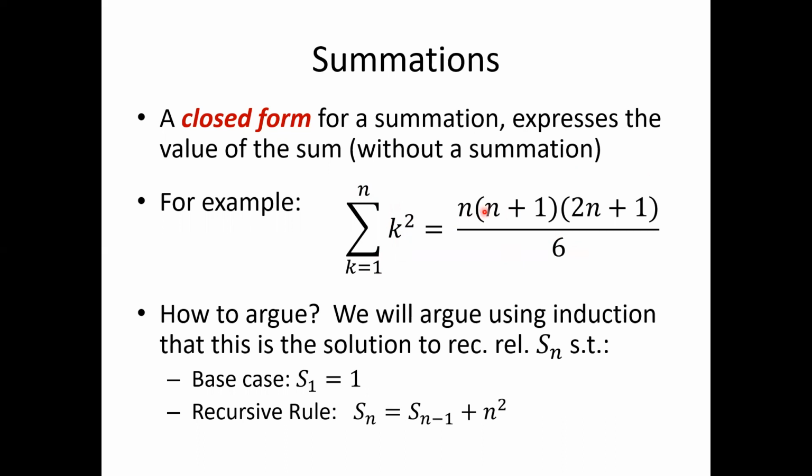It's a third degree polynomial in n. So it grows like n cubed. So the sum of the first n squares roughly grows like n cubed. But it has some other terms, right? So the highest term here is n times 2n squared, which is 2n cubed, divided by 6. So it's n cubed over 3.